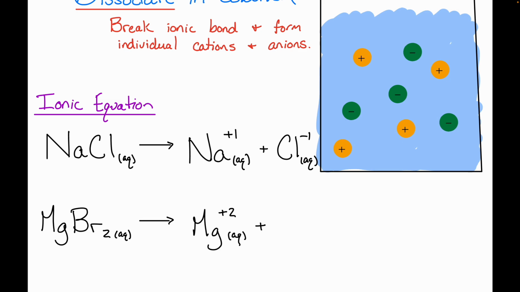All right, and then everybody real quick, let's notice how we do these bromides here, because how many bromines do we have in our formula for magnesium bromide? 2. So when this dissociates, it's going to dissociate into 2 bromide ions. All right, my 2 from my chemical formula is going to become that coefficient in my ionic equation here to indicate that I have 2 of those bromide ions.